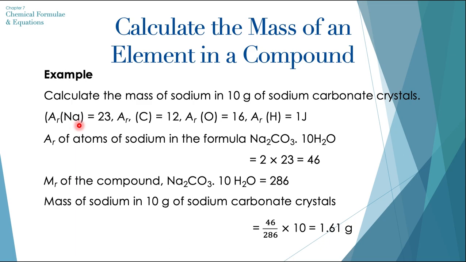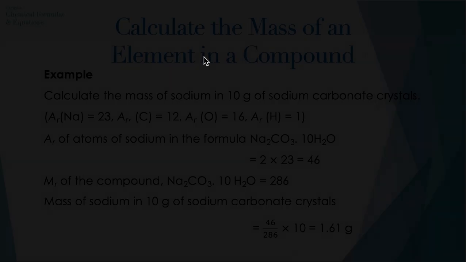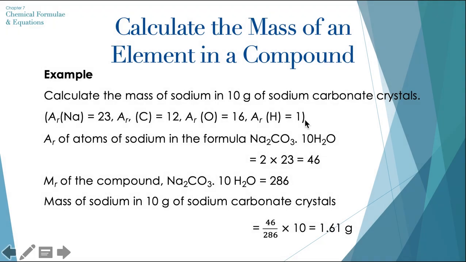The atomic mass of sodium is 23, the atomic mass of carbon is 12, the atomic mass of oxygen is 16, and the atomic mass of hydrogen is 1. Sorry for the little j, that was supposed to be a bracket over there, okay? Just corrected it over here.